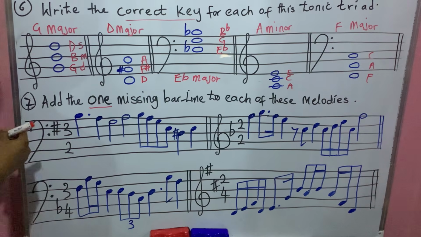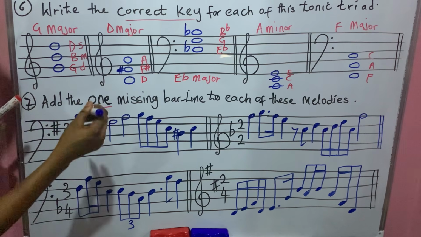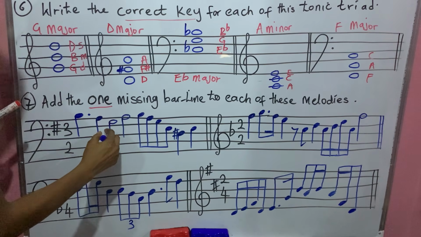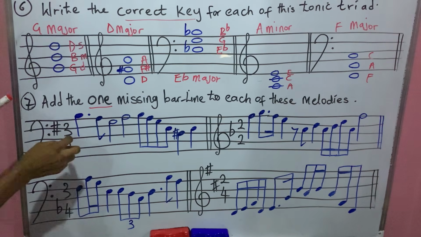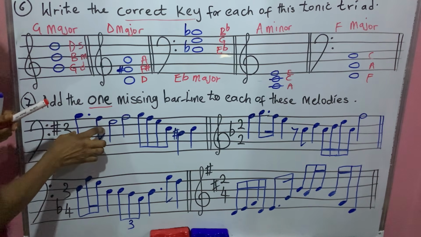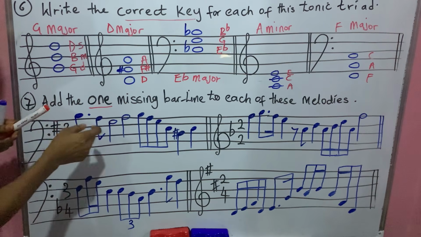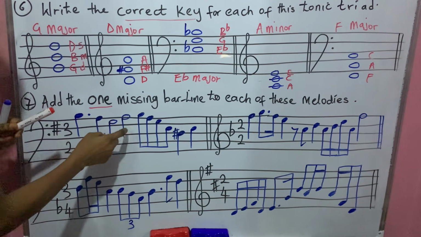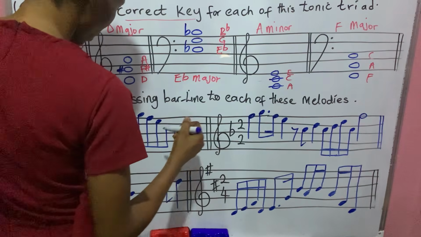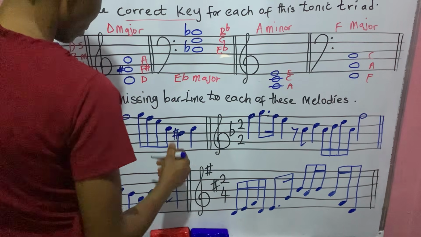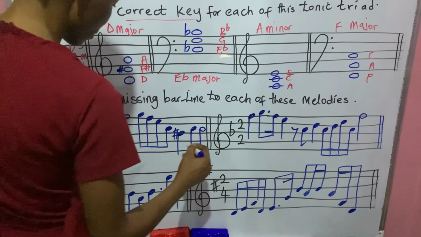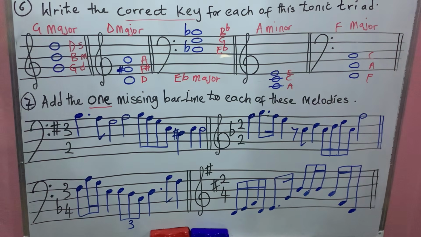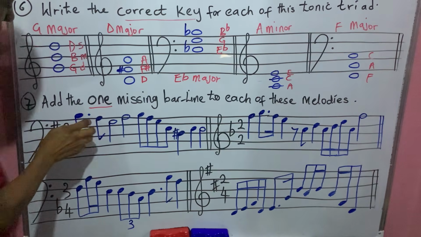And we have here a quaver. We have here a crotchet, and these two notes make a beat. This one is not complete. We have 1 2 3, 1 2, so we have 3 here. Okay, it's complete now. We have here crotchets.